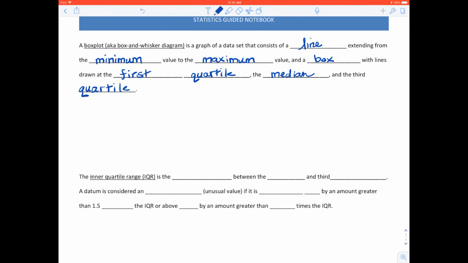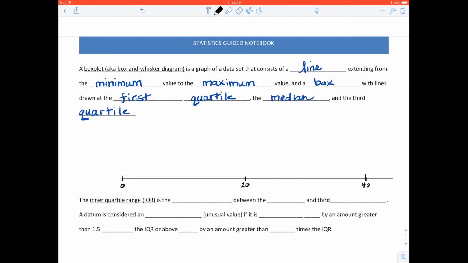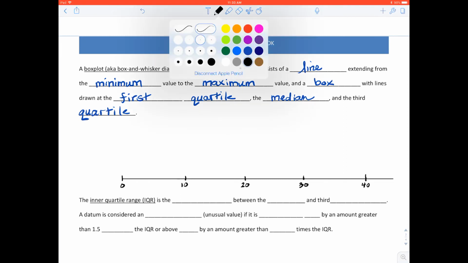So here, what we have is, if we make ourselves a scale, and then typically your box plot is drawn up a little bit.